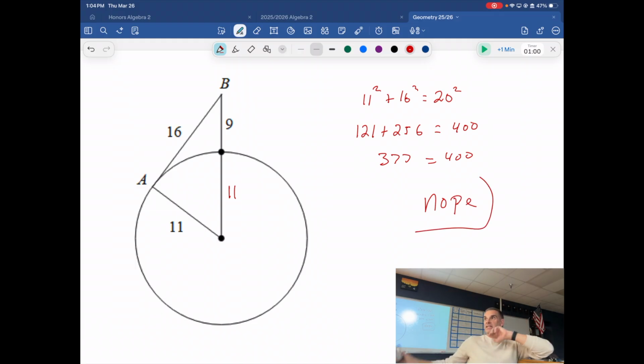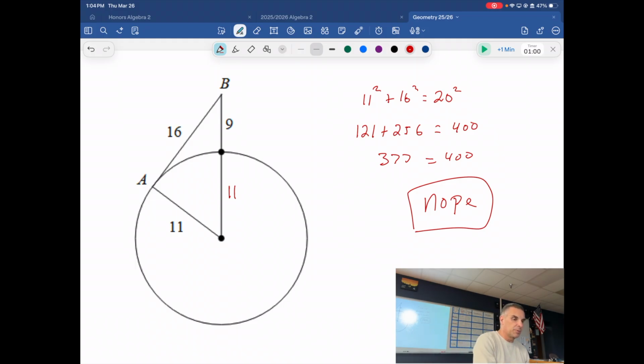So if you're given the 3 sides, can you determine if it's a tangent line or not using the Pythagorean theorem? We're okay there? Okay, now the converse said, in order for it to be a tangent line, we had to have that right triangle, right?